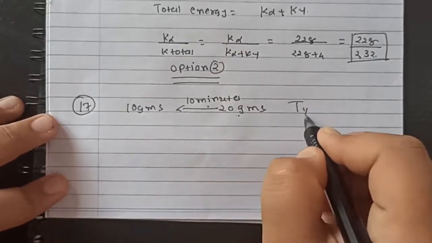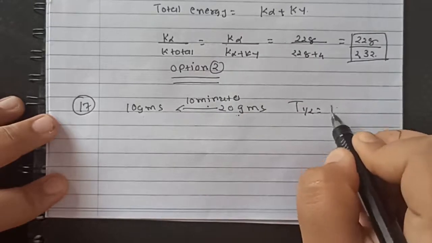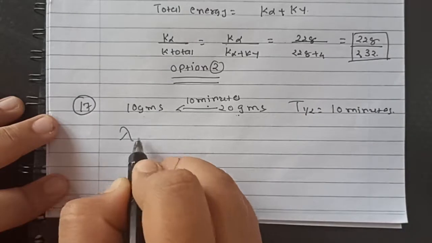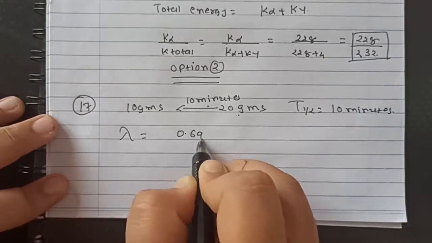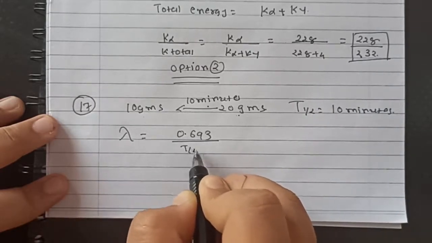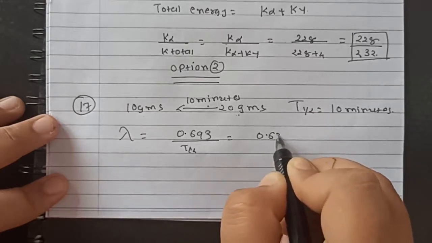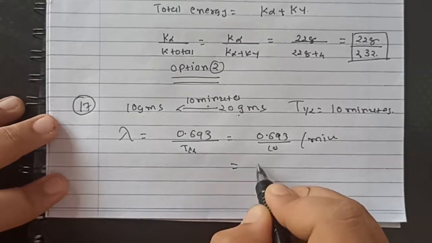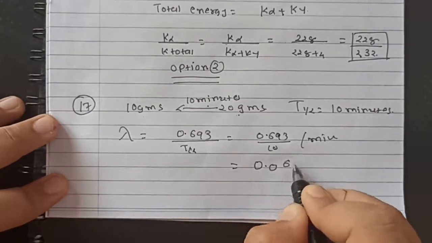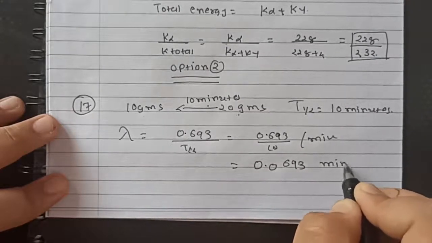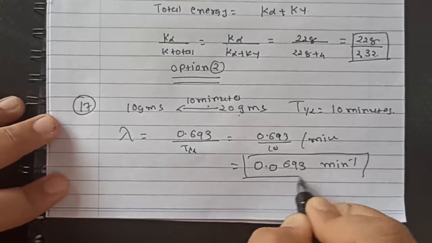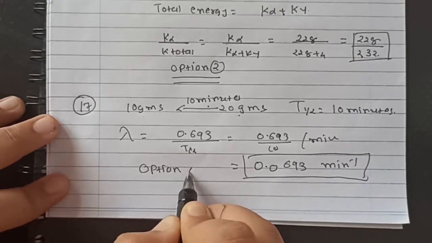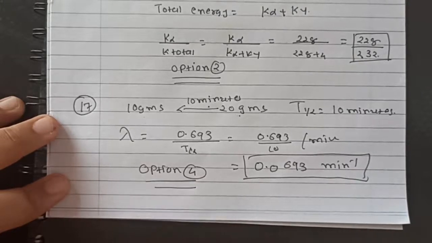So the half-life of this material is 10 minutes. Now the decay constant is 0.693 divided by T half, that is 0.693 divided by 10 per minute, which will be 0.0693 minute inverse. This is the value of lambda. So option 4 is the correct option.